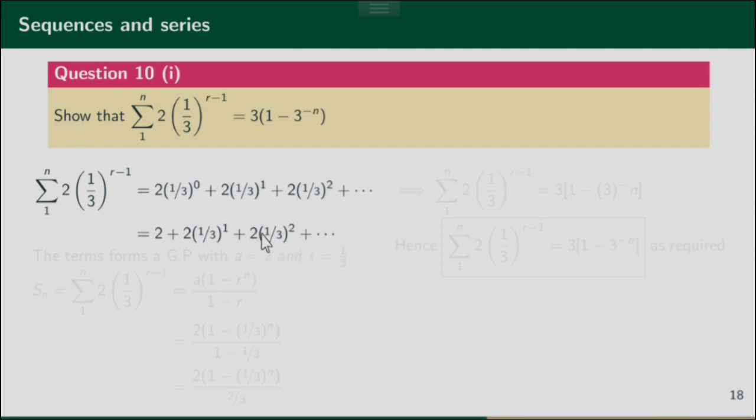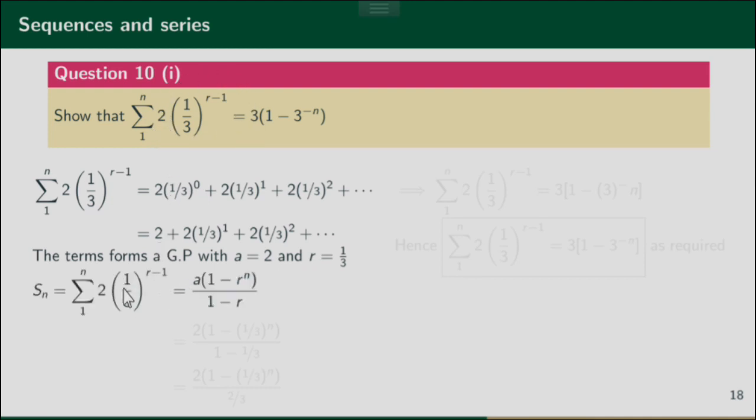If I take the third term and divide it by the second term, 2 strikes with 2, the square takes care of one of the 1/3, and I have 1/3. So I can conclude that the terms form a geometric progression with the first term as 2 and the common ratio as 1/3. So they're basically asking me to find the sum of this geometric progression.